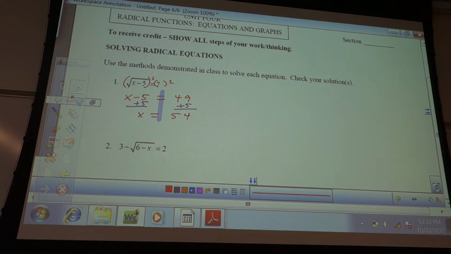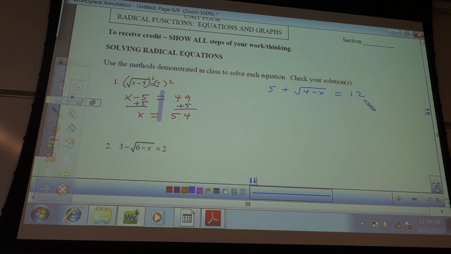Let's say I had a more complicated one. I'm going to do a different one so you don't have quite the same one on your sheet. Say I had 5 plus the square root of 4 minus x equals 12.